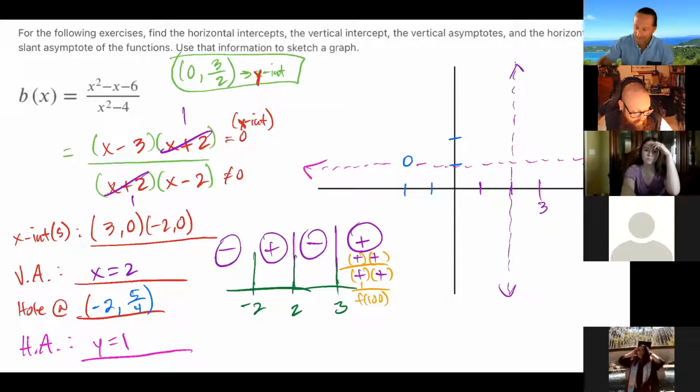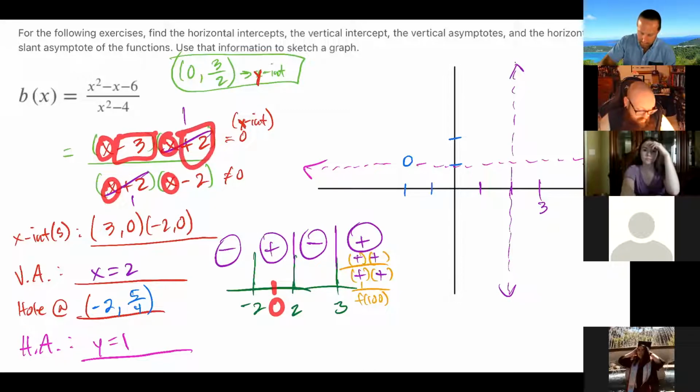Now, if you don't believe me, we can test any and every one of these, like in between here. What's a good number between -2 and 2? 0. Plug in 0 there, there, and there. This would be a negative times a positive, so a negative. On bottom, positive and a negative, so another negative. See how it gives me a positive?